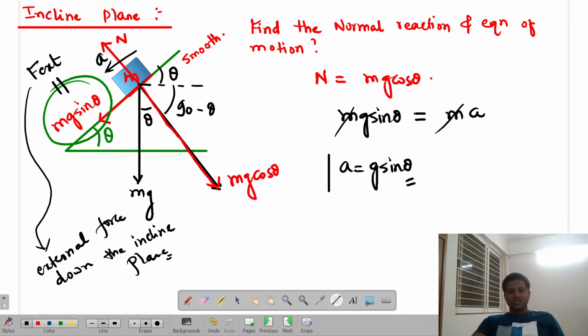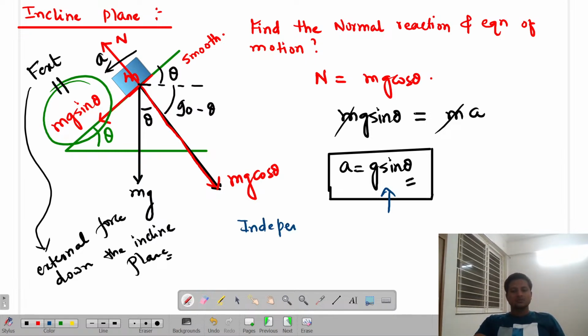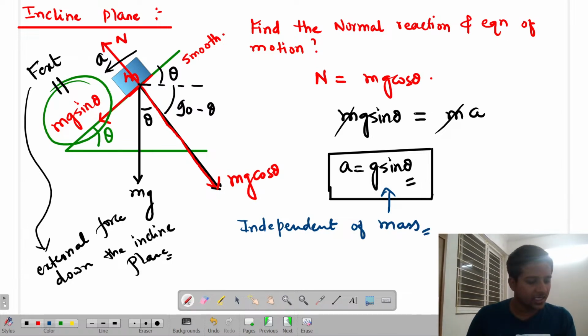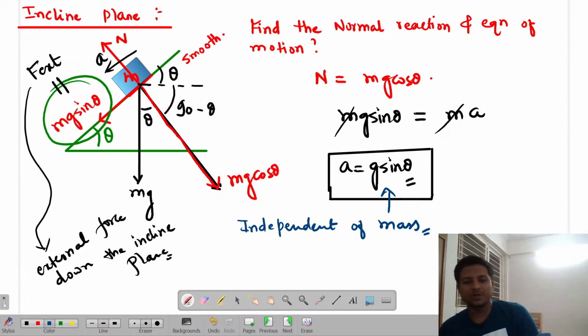Look into this equation. This equation has very useful insights. What are those? This equation is independent of mass. It means acceleration on a smooth inclined plane is totally independent of the mass of the system.